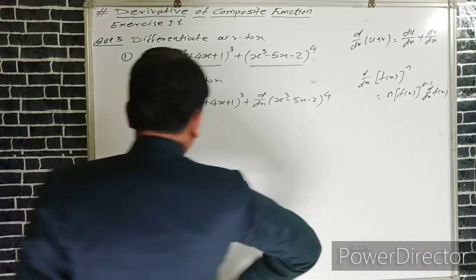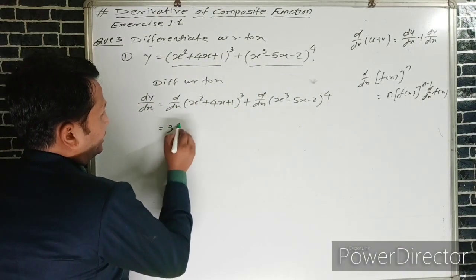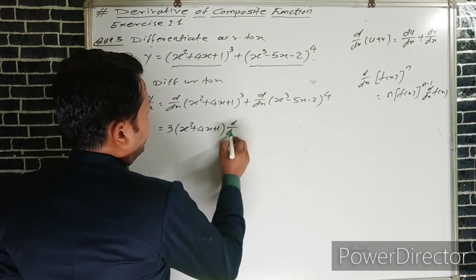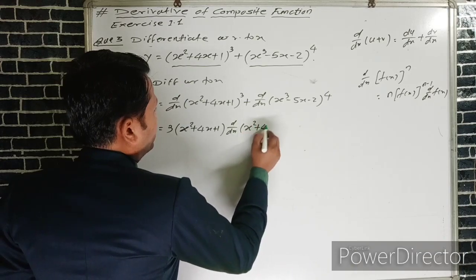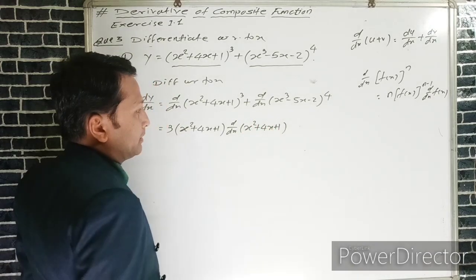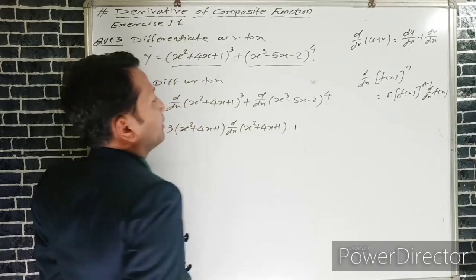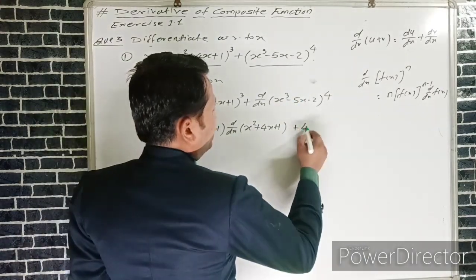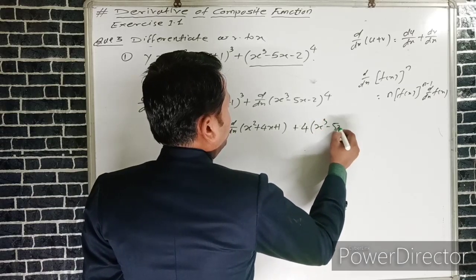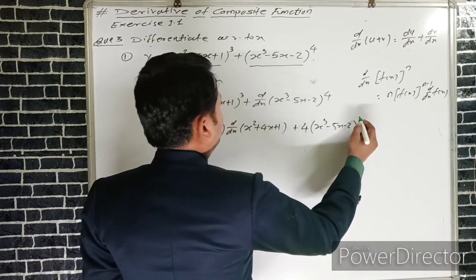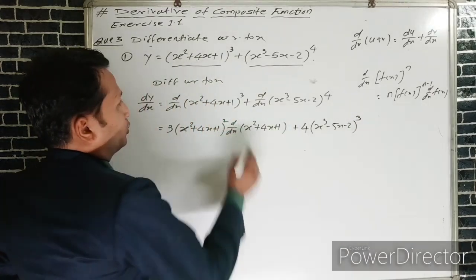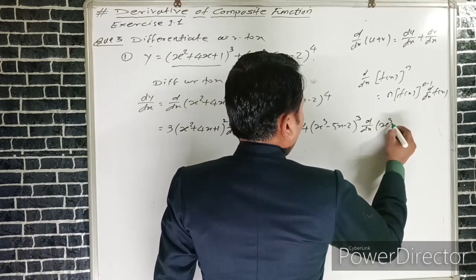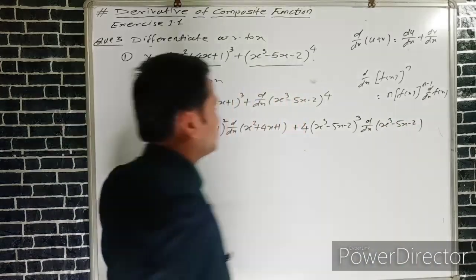If we apply this rule, we can write here 3 into (x² + 4x + 1)² into again the derivative of x² + 4x + 1, plus the derivative of (x³ − 5x − 2) to the power 4, which is 4 into (x³ − 5x − 2) to the power 4 minus 1, that is 3, into again the derivative of x³ − 5x − 2.